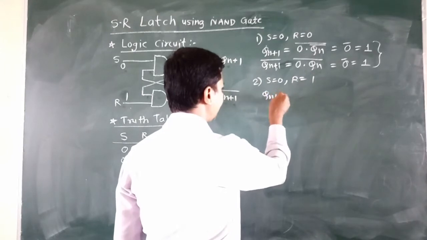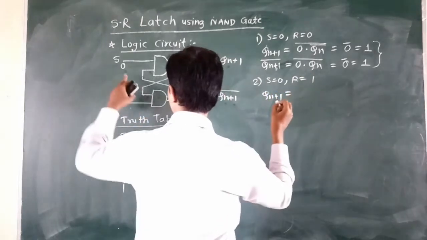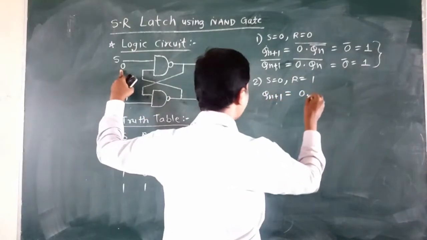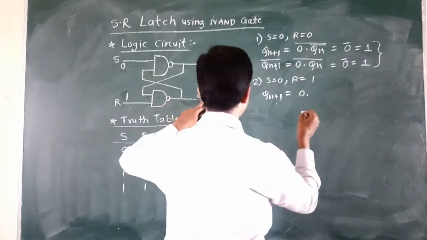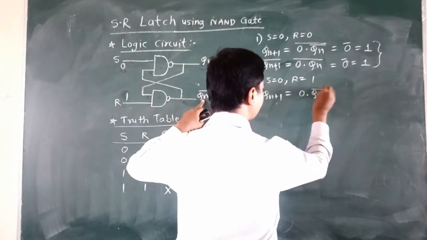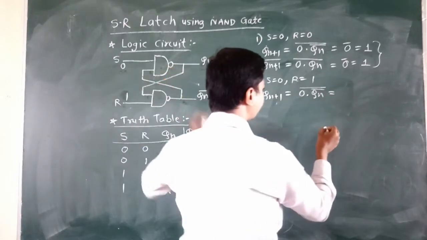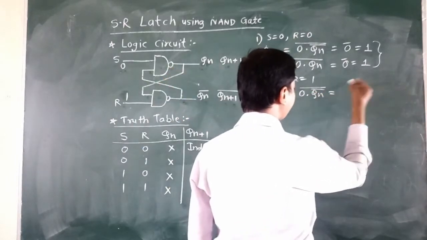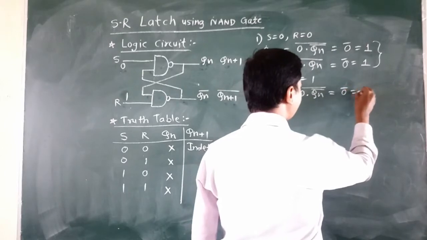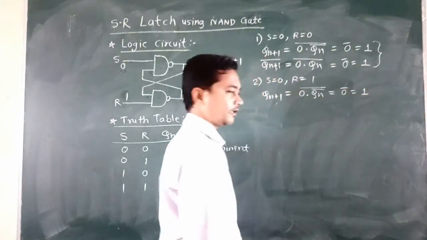So Qn plus 1 is equal to 0 dot Qn bar, whole bar. This bubble means whole bar. So 0 dot anything is 0, and 0 bar is equal to 1.